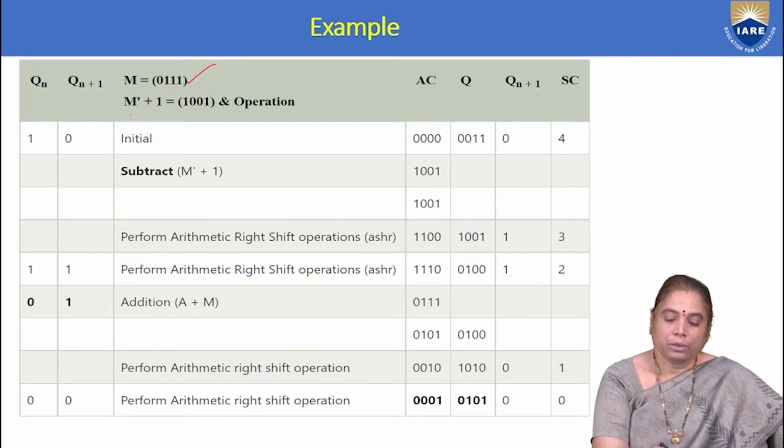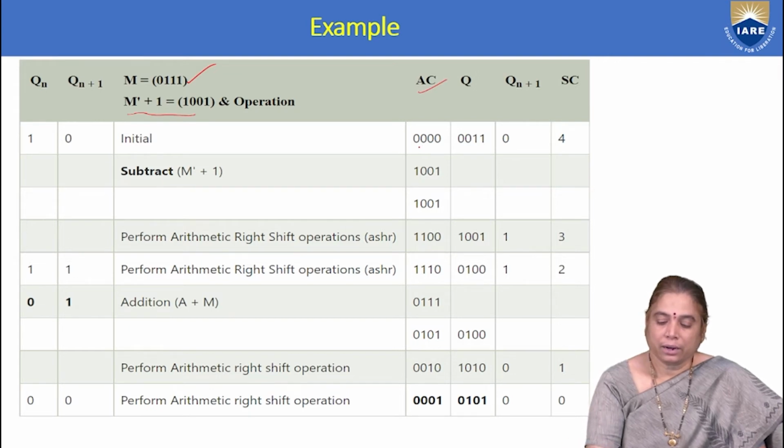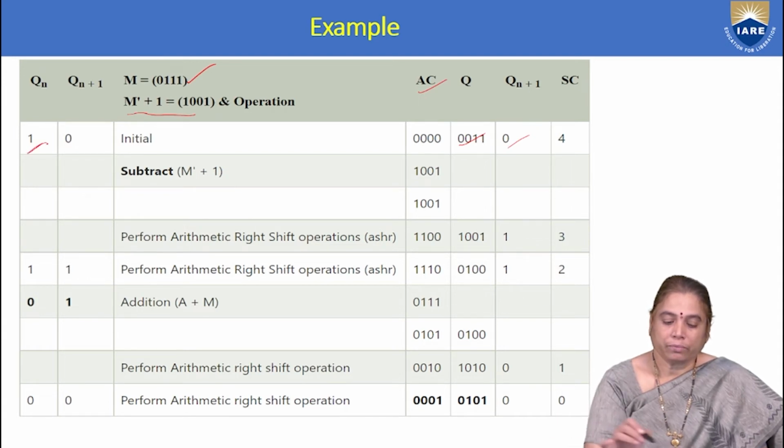So here the 2's complement of M can be 1001. The AC or A register initially contains the 0 value, and this is the Q value, the multiplier value. Qn plus 1 is 0 initially and Qn is 1.